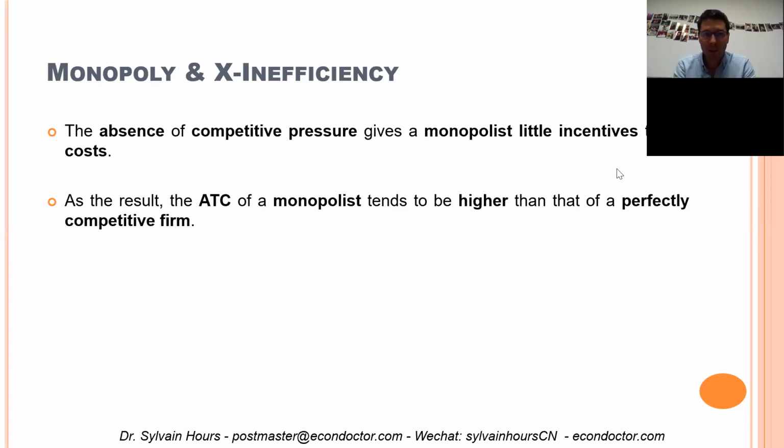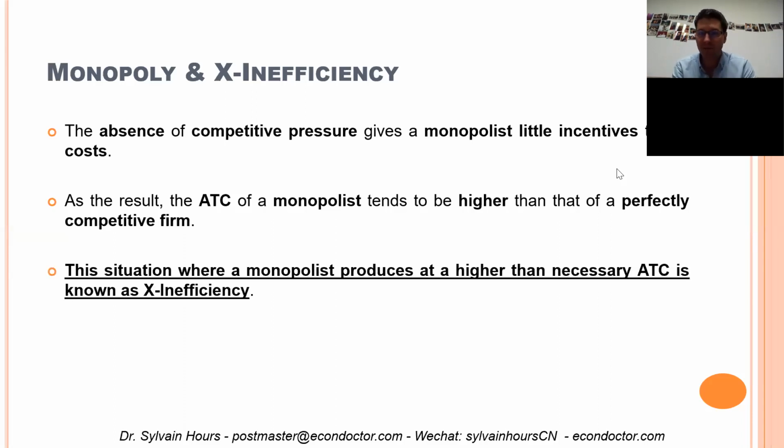But usually when we talk about X-inefficiencies, we usually talk about a failure to achieve technical efficiency. Remember that technical efficiency, to put it in simple words, is the idea that the factors of production hired by a business, could be the machines, could be the workers, are used to their full potential.